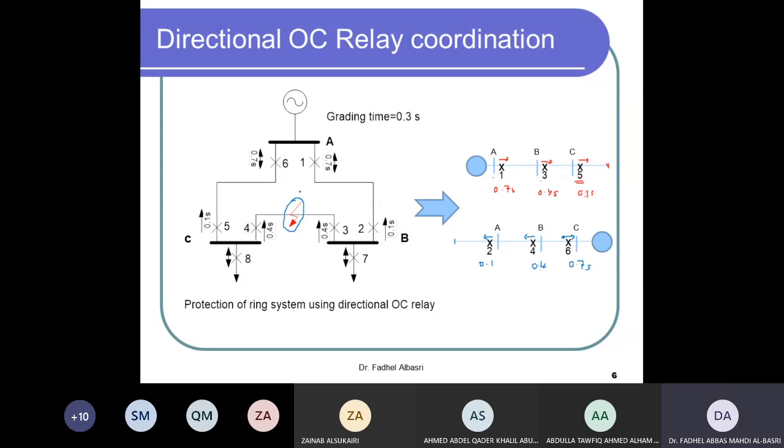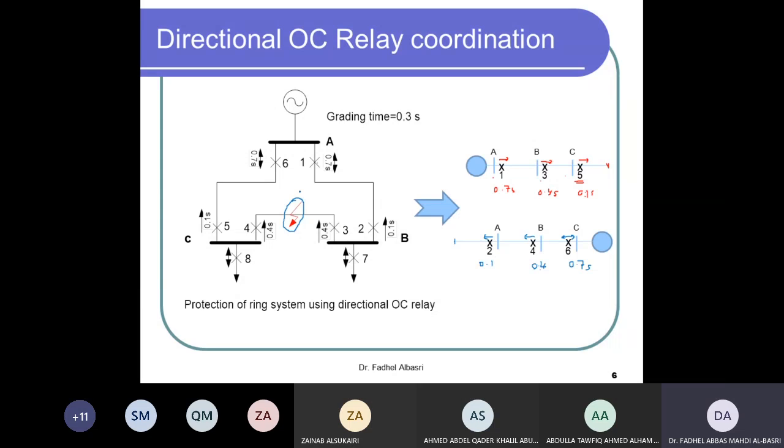Now, how long will 4 take? It will take 0.4 seconds to trip. And this also will take 0.4 seconds to trip. So after 0.4 seconds from the presence of this fault, these 2 breakers will open, while these 2 will not open because they take 0.7 seconds. So before 0.7 seconds is reached, these 2 breakers will open.